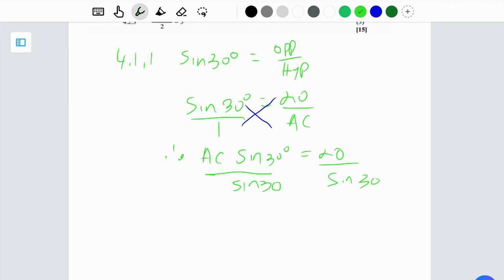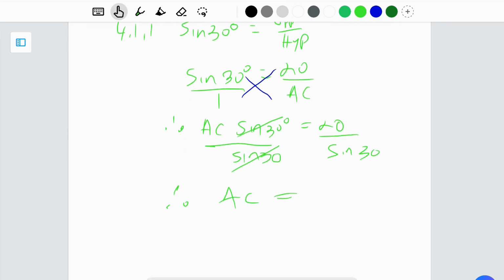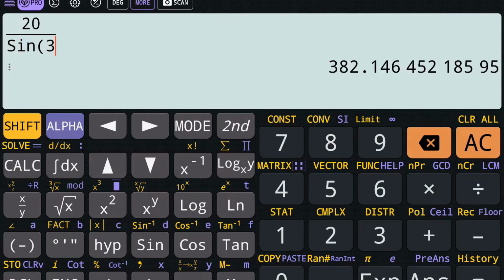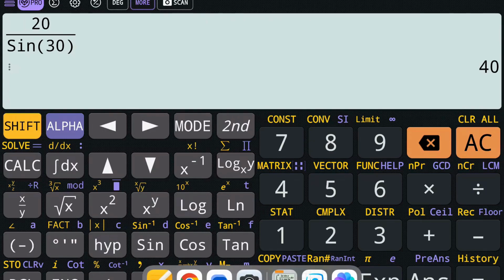So this is going to cancel, therefore AC equals 20 over sine 30, which we can punch into our calculator. You can hit that, 20 over sine 30, and as you can see there, it is 40.